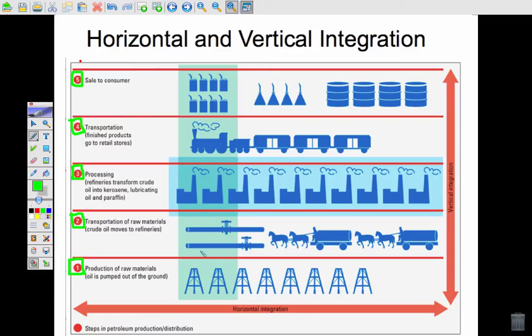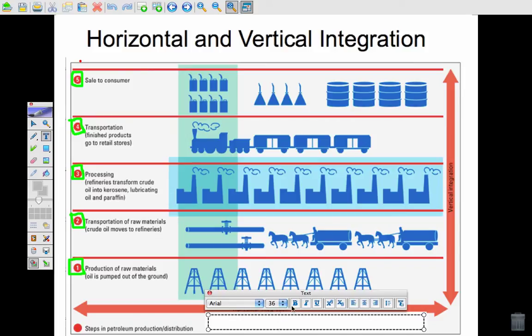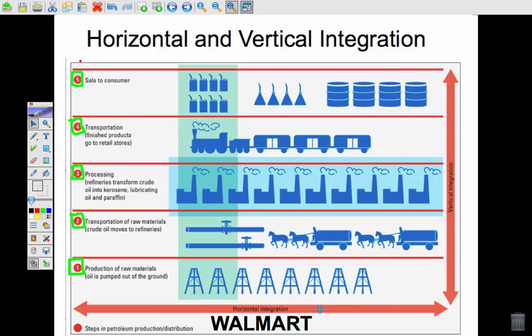That's okay. So, a modern company that utilizes vertical integration is one that everyone in class knows. And here's that company. Walmart utilizes vertical integration.